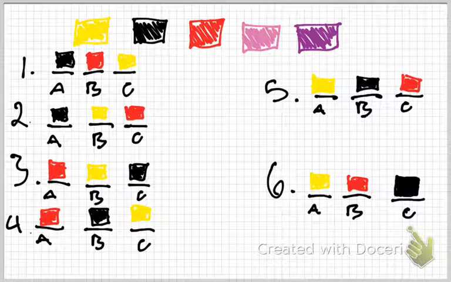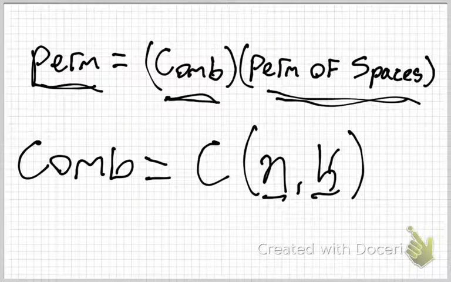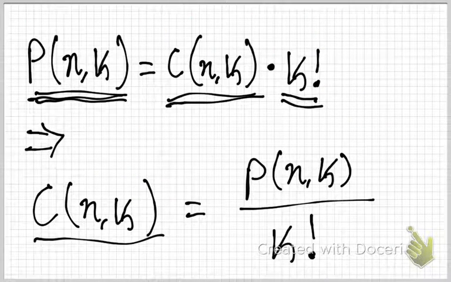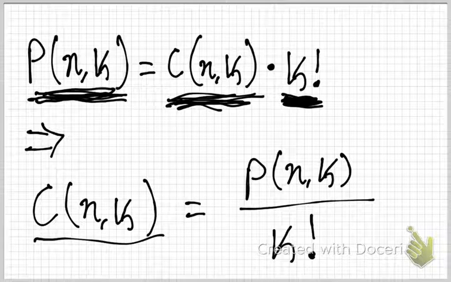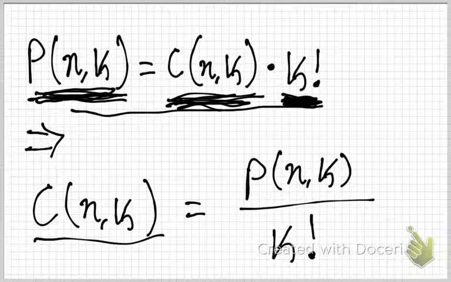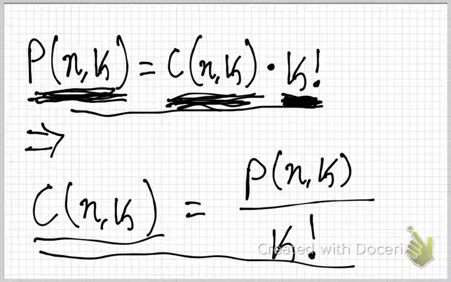Moving forward again, we know that the total number of permutations is equal to the total number of combinations times the total number of permutations within each combination. Doing a little bit of algebra, we go from up here to down here.